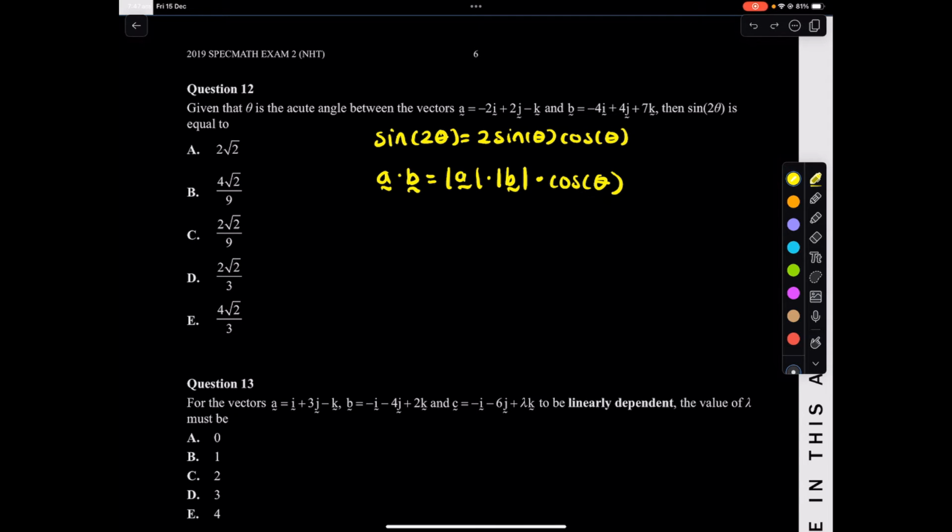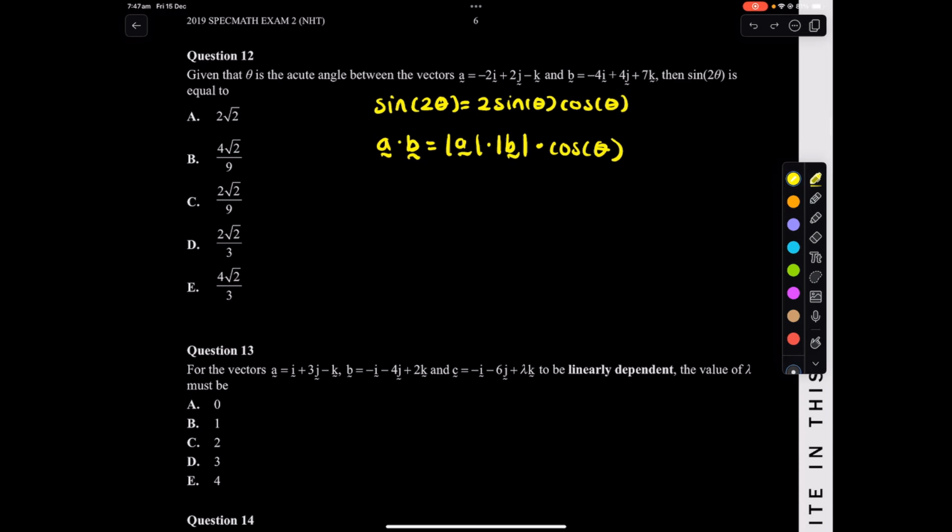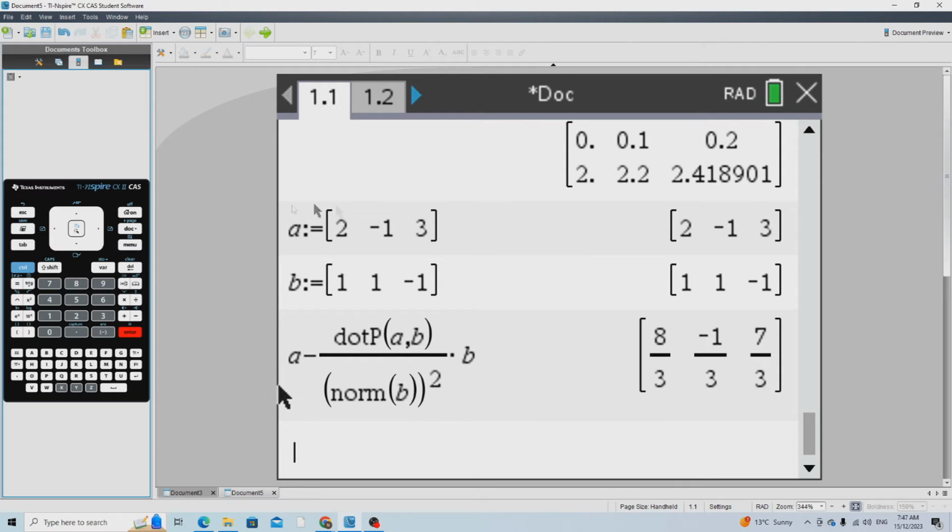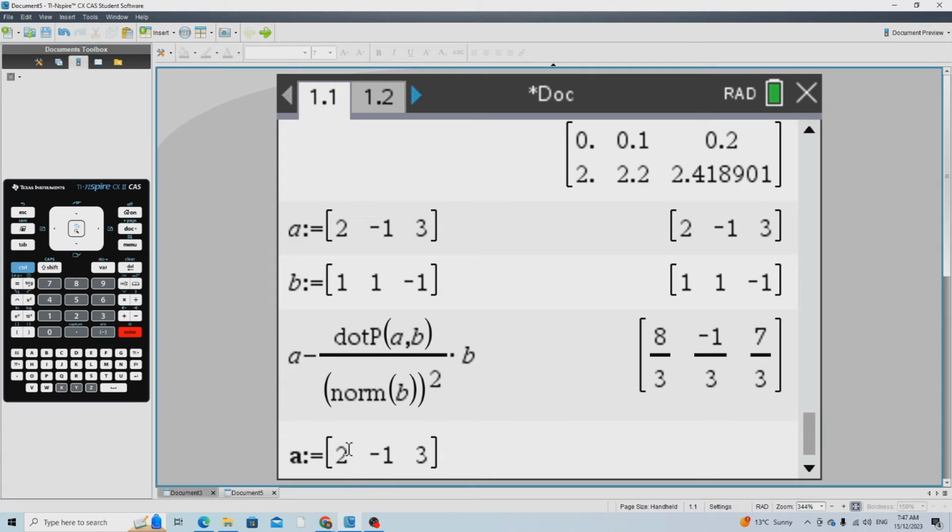So let's do that. What's pretty much A dot B? Now, let's do this all by CAS, I'll be honest. So let's rearrange this to get cos theta. Cos theta is then hence what? It's just A dot B over the magnitude of A times the magnitude of B. So let's do this by CAS. I'm just going to redefine these over here. In this case, vector A is (-2, 2, -1).